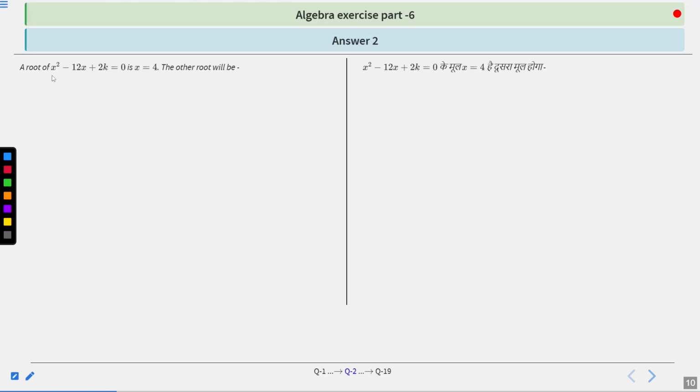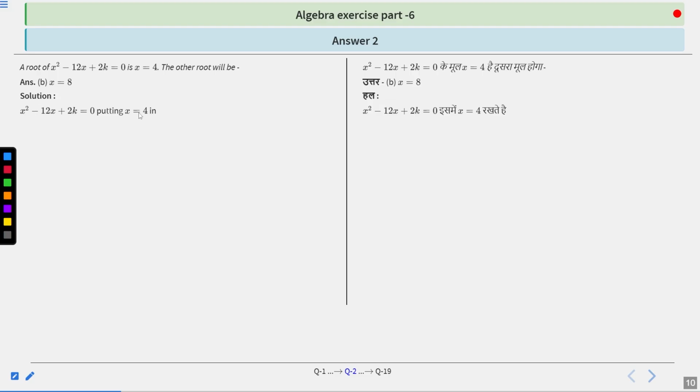So the question was that a root of x square minus 12x plus 2k equal to 0 was 4. Then we have to find the other root. Answer to this question is option number B, x equal to 8 is the other root. Now solution. The equation was x square minus 12x plus 2k equal to 0.